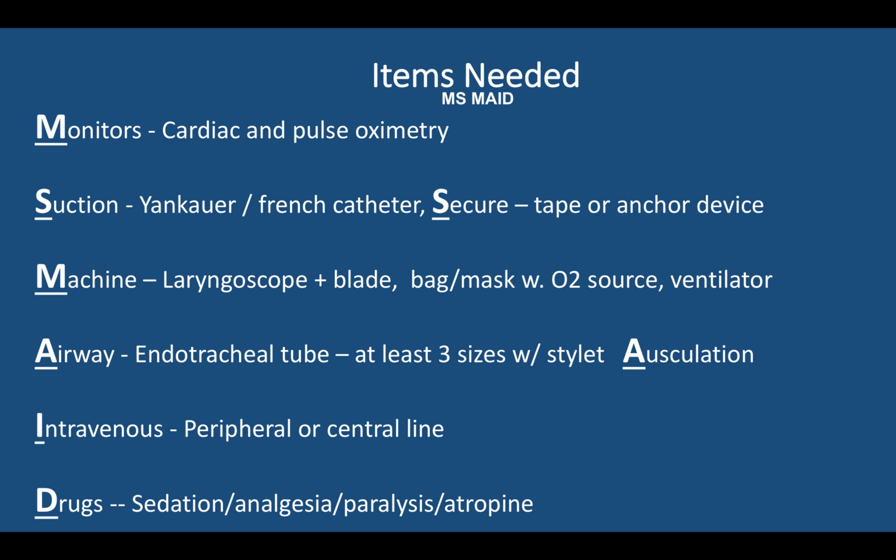There are a number of items that you will need for a safe intubation. You can remember some of these with the mnemonic MISS-MADE. First, monitors, cardiac and pulse oximetry, suction and something to secure the airway with, machine, which would include the tools you're using to oxygenate and intubate, airway, which would be your endotracheal tube.